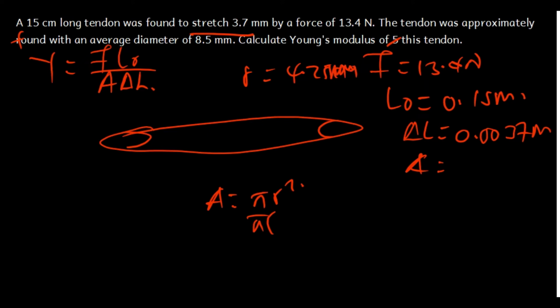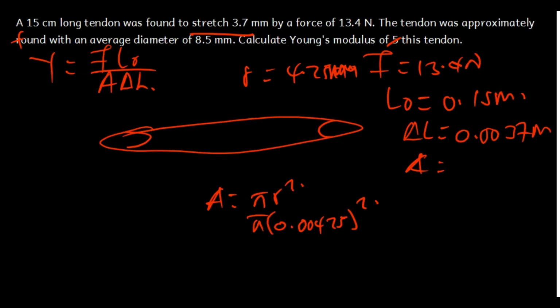Converting this into meters, I need to divide it by 1000, which gives me 0.00425. Now I have to square it, so pi times 0.00425 squared.